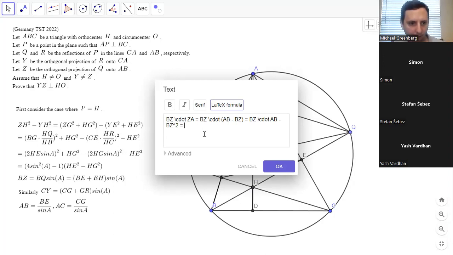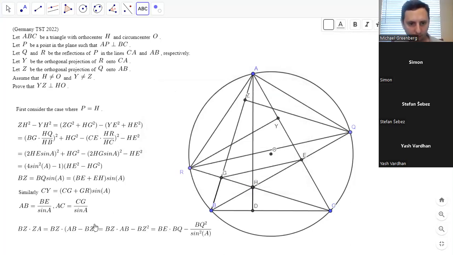And that is BE times BQ minus BQ squared over sine squared A. Let's see how this looks.